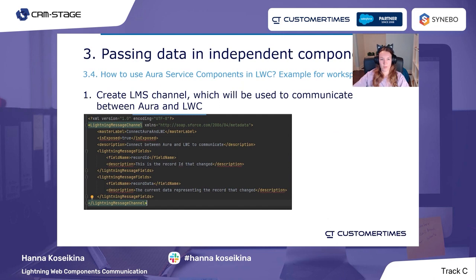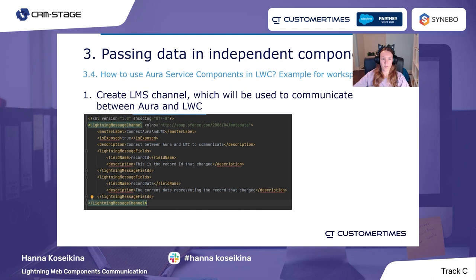Let's look at this as an example for Workspace API. To start, we need to create a Lightning message service channel, which will be used to communicate between Aura and LWC. In my case, I'm showing an example of Workspace API to change the name of the tab in a console app, so that by default it has the name of the record, and by calling some methods from Aura, I will rename the tab to the ID of the record.